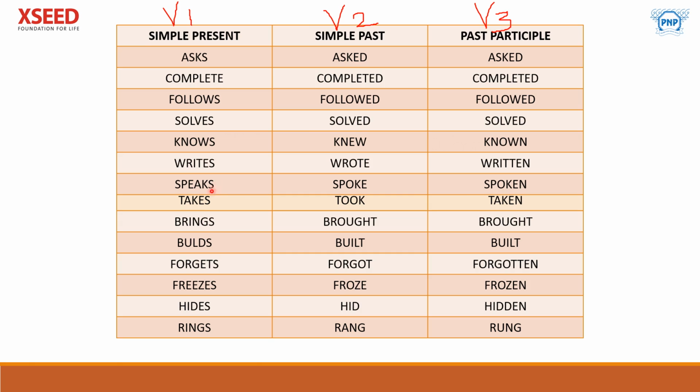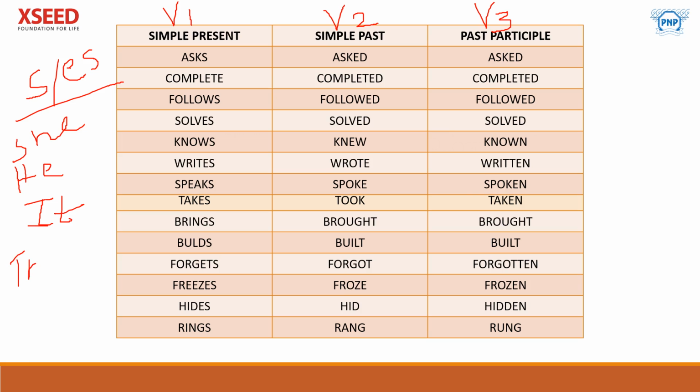Do remember when s and es will be added. Whenever there is something singular, like she, he, it, or that, at that time we have to use s and es, as well as with any singular noun.